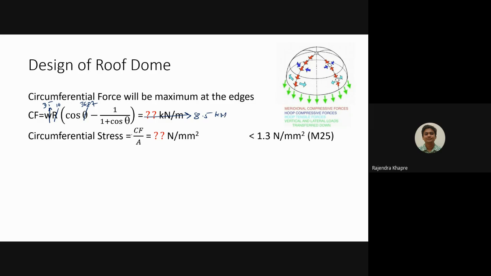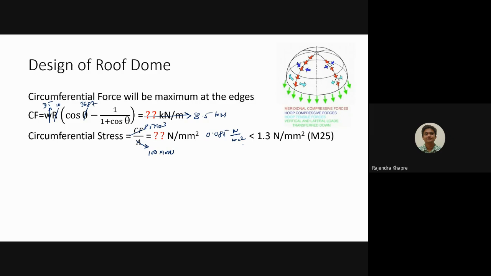Okay, so we have to divide this by area. So this is 8.5 into 10 to the power 3, and area is 100 into 1000. So this will be something like 0.085. Is it so, or 0.85? Correct. Here also you can see the circumferential stress which is caused due to the circumferential force.